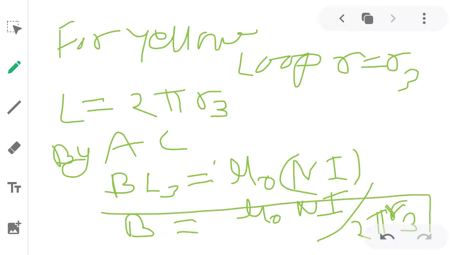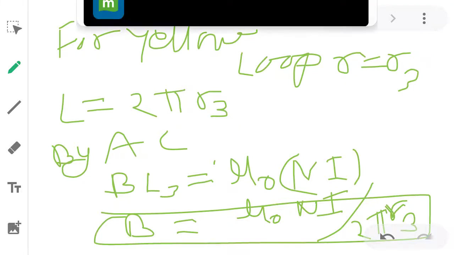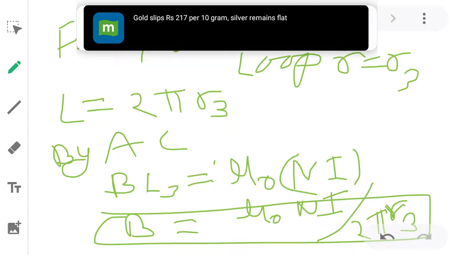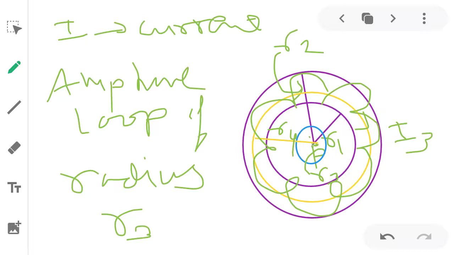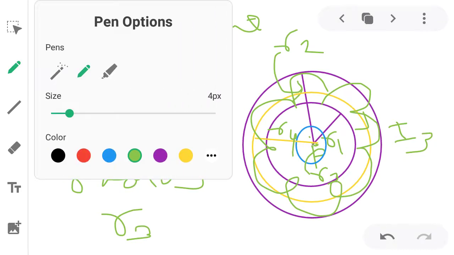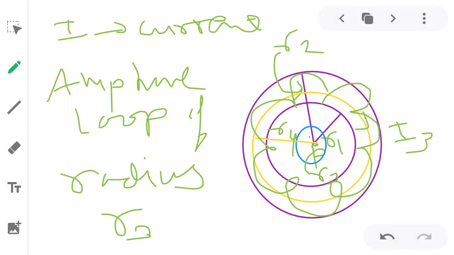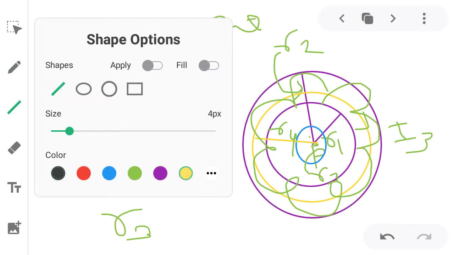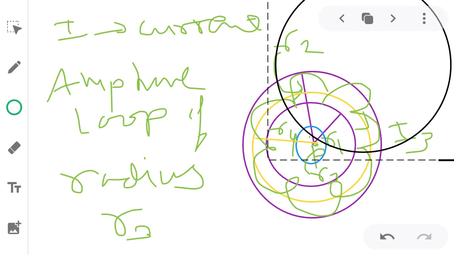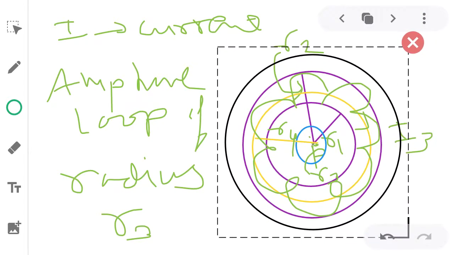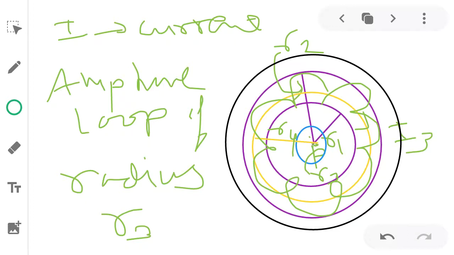Now let's go back again. We have to draw a third case. Which color should I use? So many colors. Black color. I draw it and simply shift it. Now the black loop, you can see it.